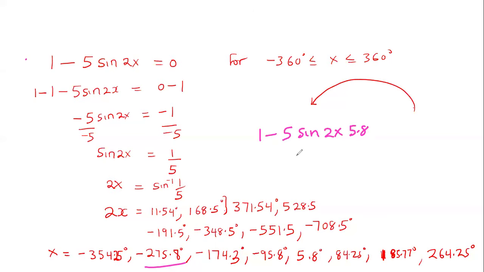The moment I put it in the calculator, 1 minus 5 sine of 2 times 5.8, you'll find your answer as 0. That's what is going to be happening. So that's what you can do for such.